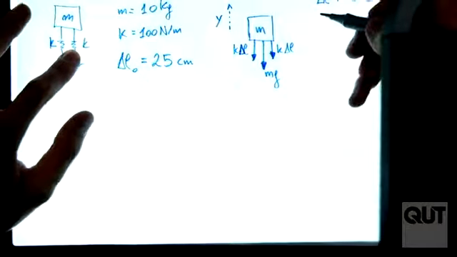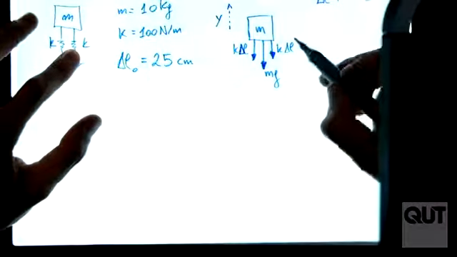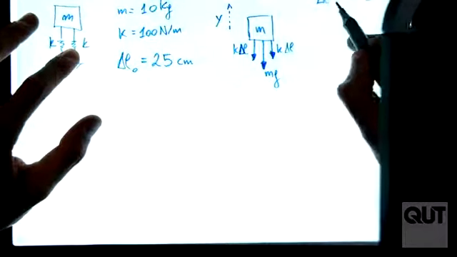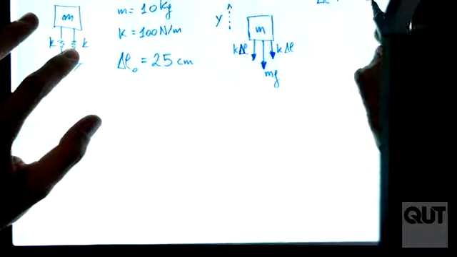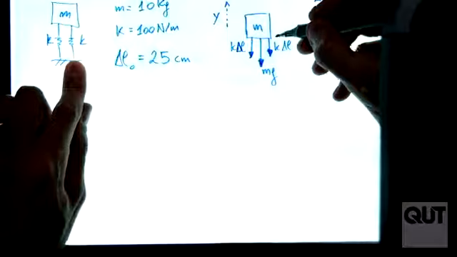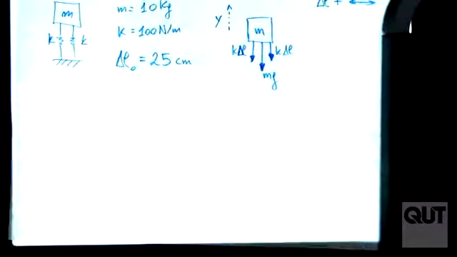Did you get it? If I consider this number positive when the spring is actually elongated, then the force will go towards the center of the spring. Do you agree?